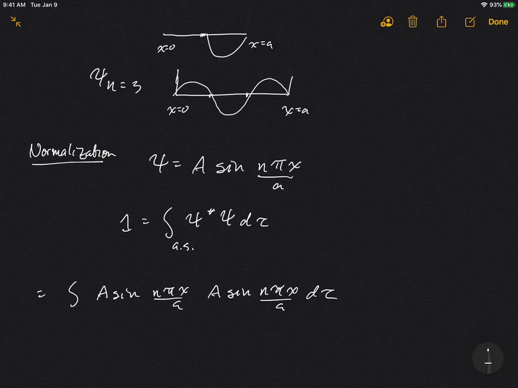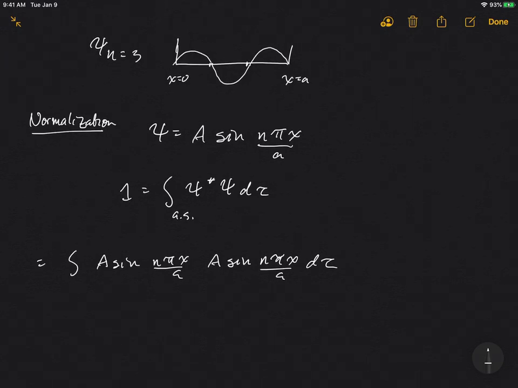It sometimes throws students, but it's fairly straightforward if you think about it for a minute. Now, one thing that could be complex, the big A, the normalization constant, could be complex, but we'll just assume that it's real, and hopefully it'll work out, and if not, we'll fix it.